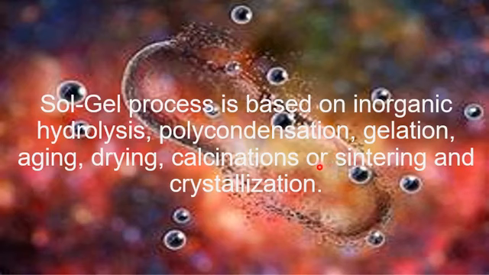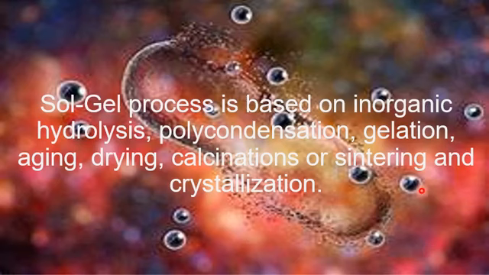I will briefly explain the sol gel processing of a few nanoparticles, like ferrite nanoparticles or precursor nanoparticles or single phase nanoparticles, at different calcination and sintering temperatures, at low and high temperature, and how we can produce those particles at different temperatures.